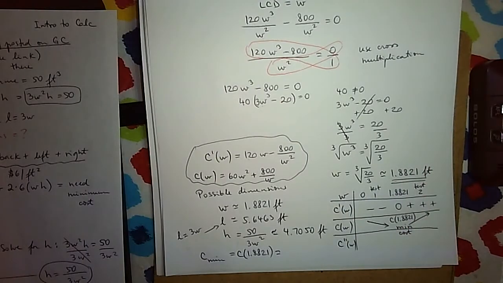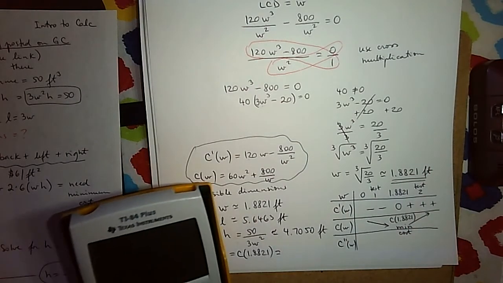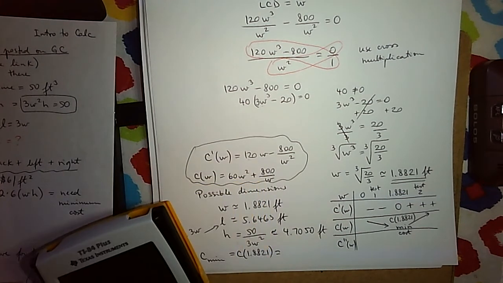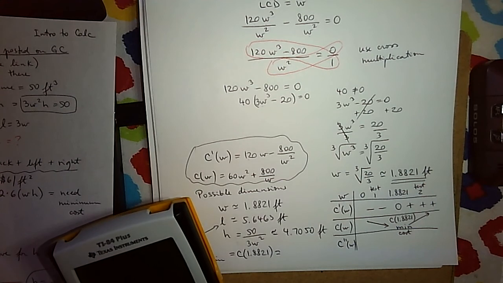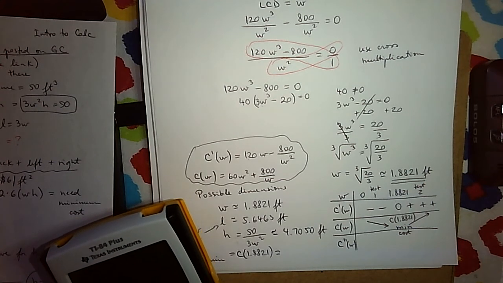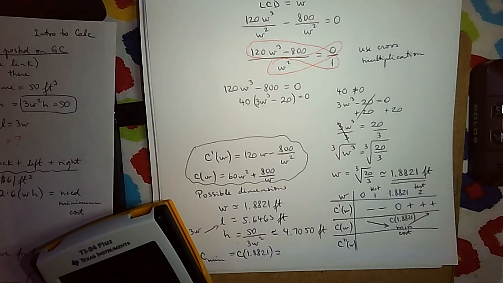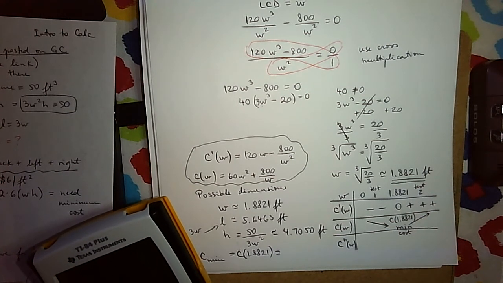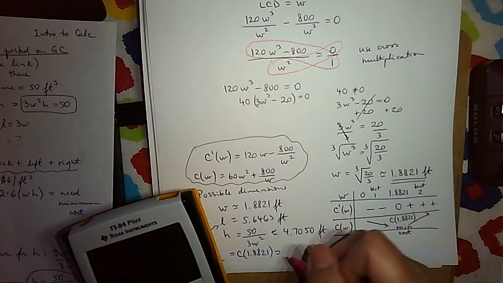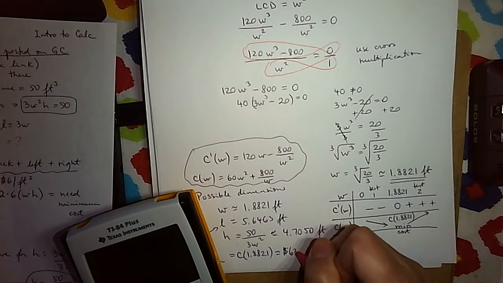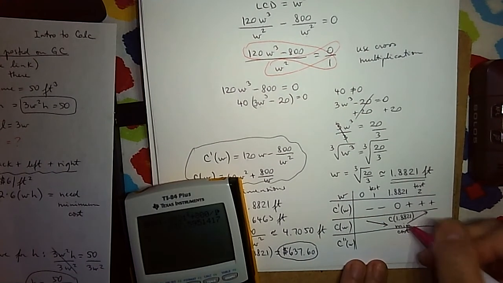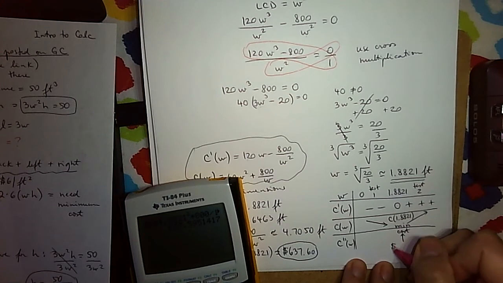So now, if I plug this in, we have 60 times 1.8821 squared plus 800 divided by 1.8821. This gives me about 637 and 60 cents. The minimum cost here is really about $637.60.